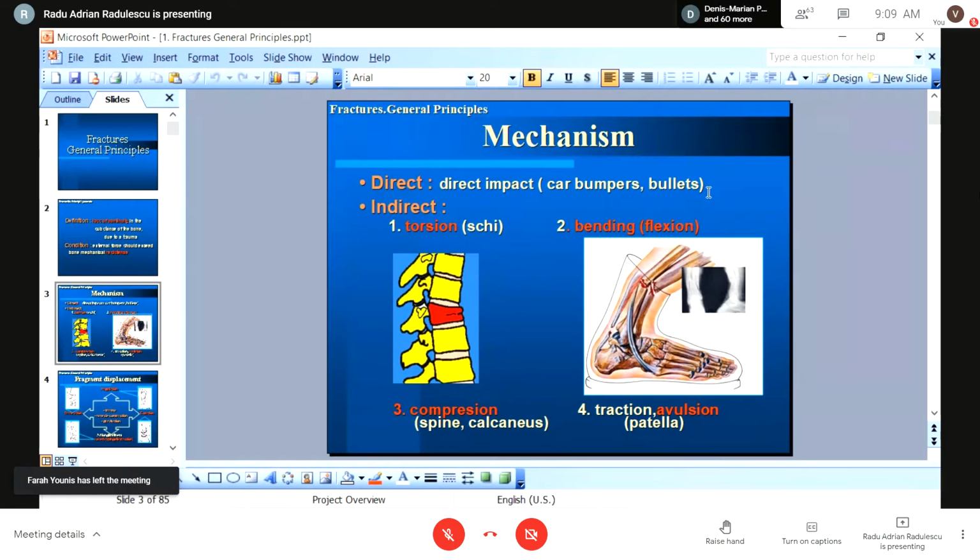Like, for example, the torsion mechanism, when a part of a limb is turned around, so is forcingly rotated. This mechanism you can meet, for example, when practicing ski, when the ski hits an obstacle in front, and then the body continues its movement, and so the lower limb is forcingly rotated.